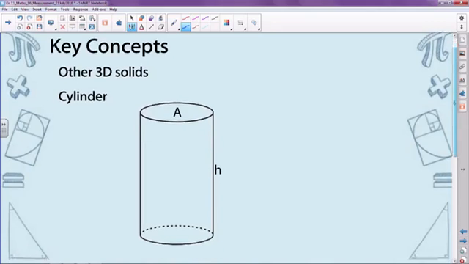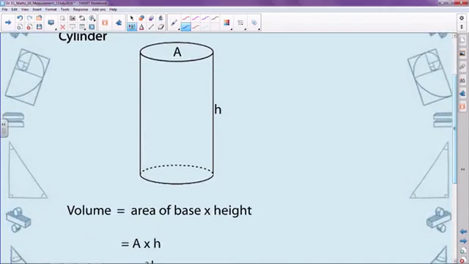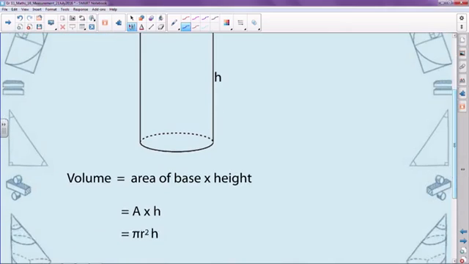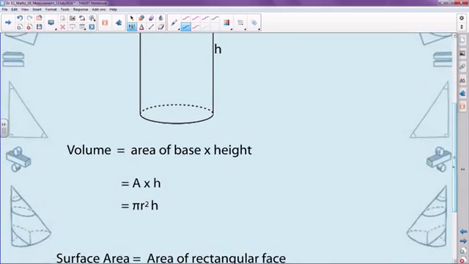Now, guys, because of time, looking at your cylinder, for the volume of a cylinder we need to work out the area of the base multiplied by the height. Our base area is pi r squared, multiplied by your height. You will be given the radius as well.